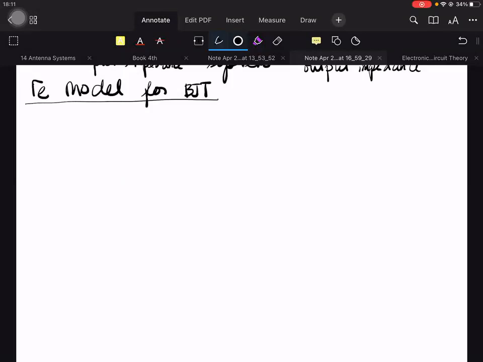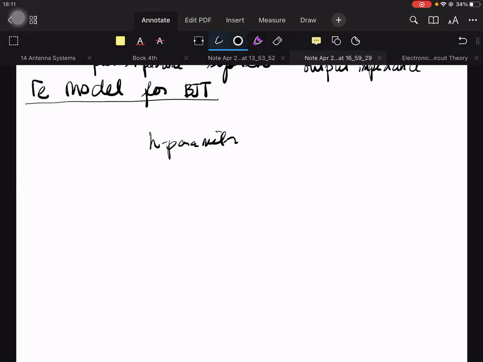Ito isa ka-popular nga model nga ginagamit decades previously, the hybrid small-signal model. Then ang isa nga even karon gina-gamit gyapon as standard is the H parameter model.